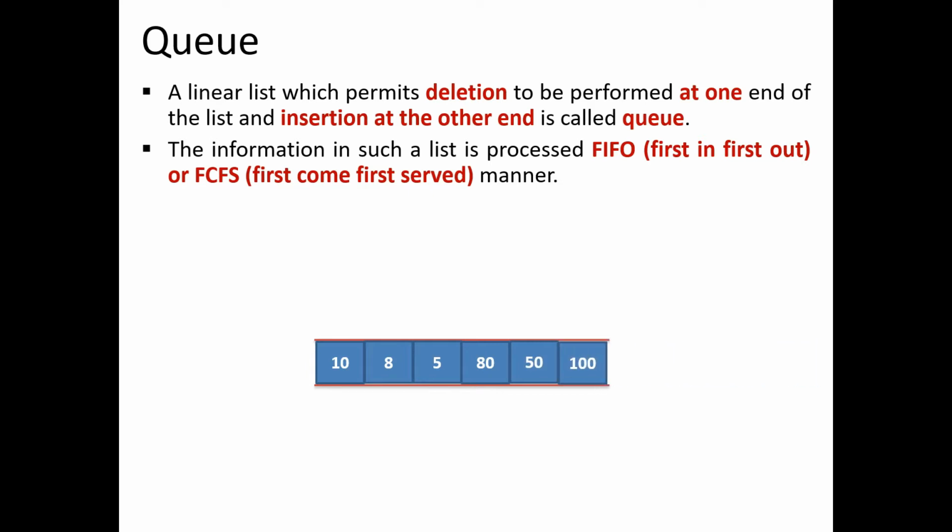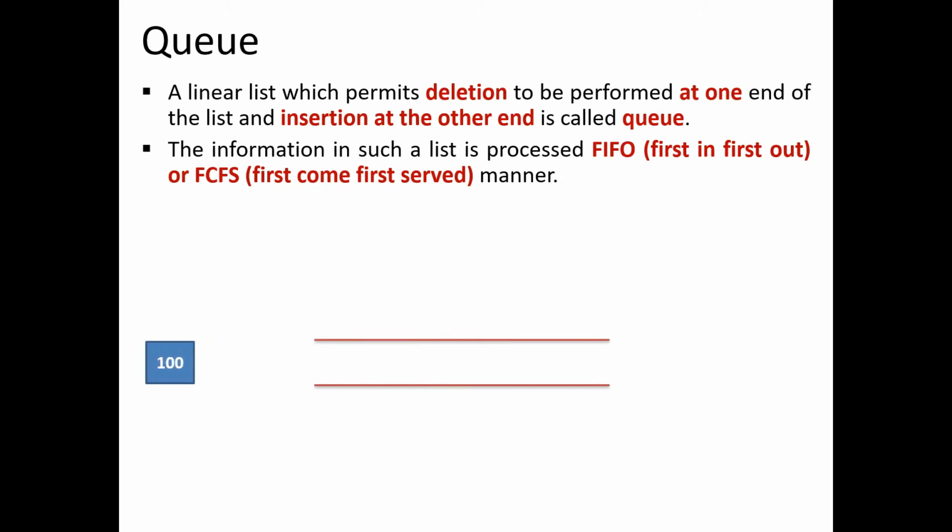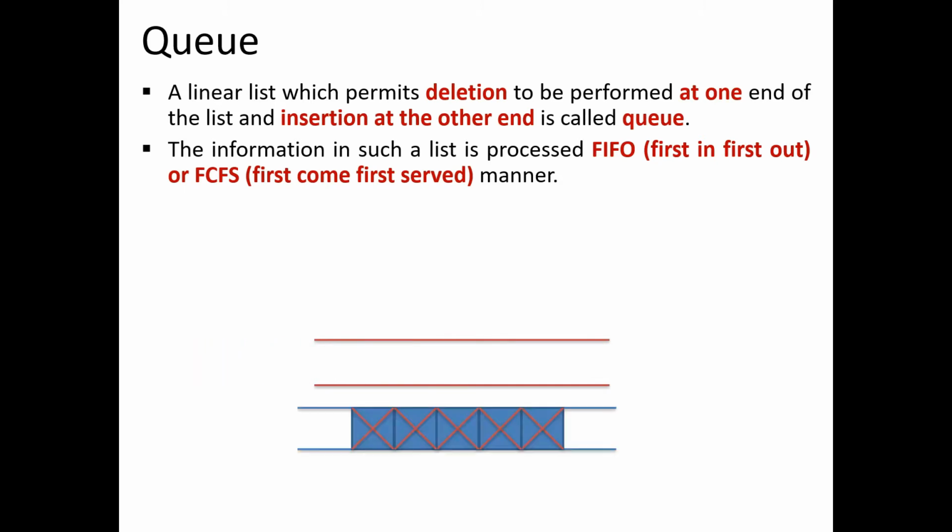Now the queue is full, so deletion is performed from the front. So 10 is deleted from here, then 8 is deleted from the queue, then 5, then 80, then 50, and lastly 100 is deleted from the queue. So now the queue is empty.